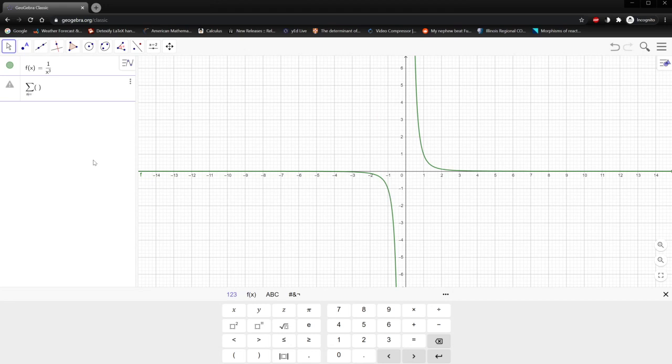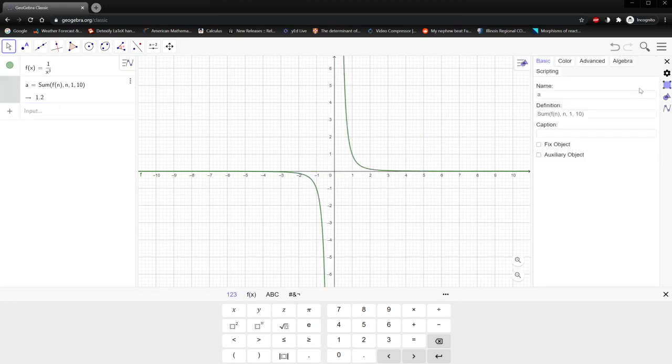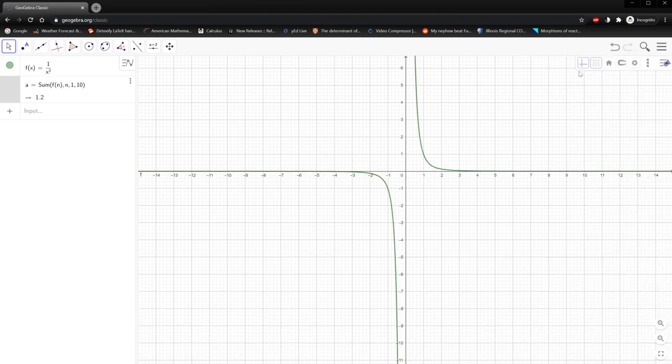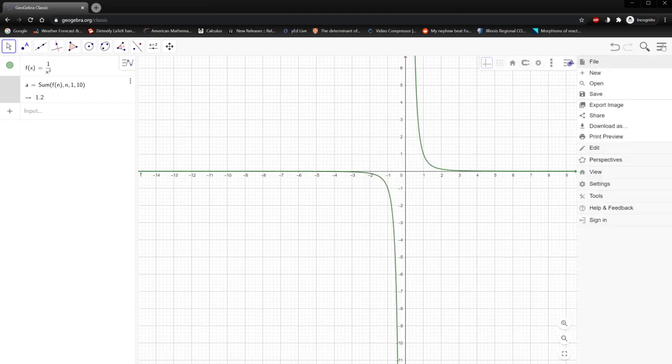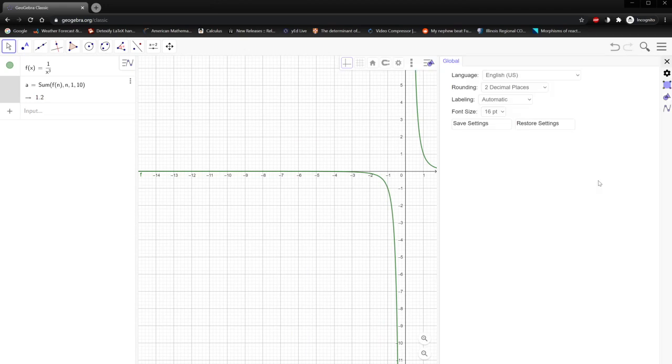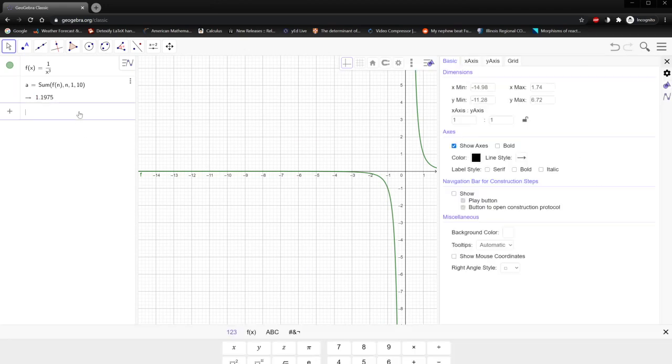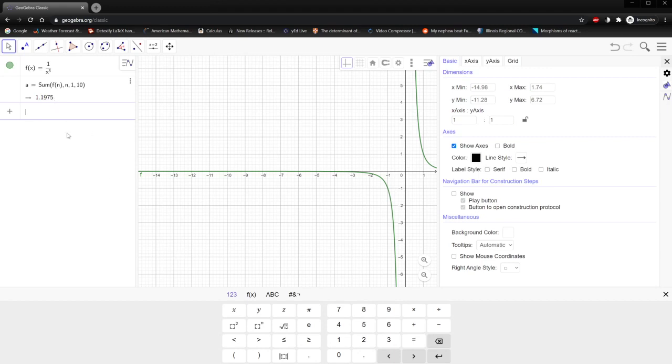So we're going to go from 1 to 10. And then just enter in f of n like so. Now, for whatever reason, it only does 1 decimal point by default, which is bad. We want more than that. So to get more decimal points, we go over here, and then down to settings, and then let's do 4 decimal places. So 1.1975.